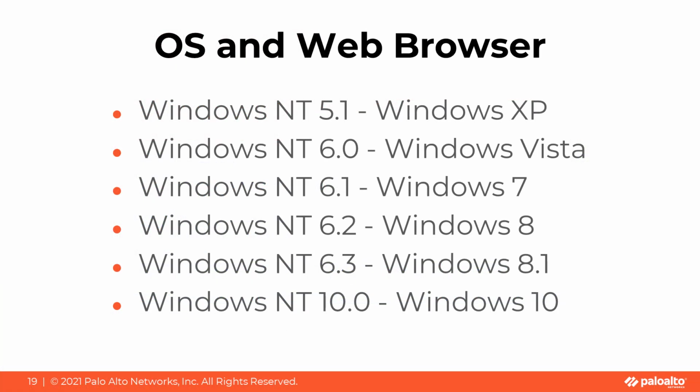Here is a list that shows, for example, Windows NT 5.1 represents Windows XP, NT 6.0 represents Windows Vista, and so on. For Windows-based traffic in this Wireshark workshop, we will be using Windows 10 as much as possible. On rare occasions, I might use Windows 7 when a malware sample or an exploit requires an outdated version of Windows.